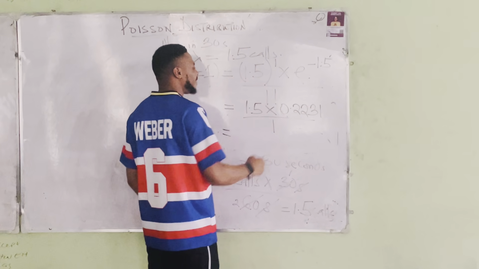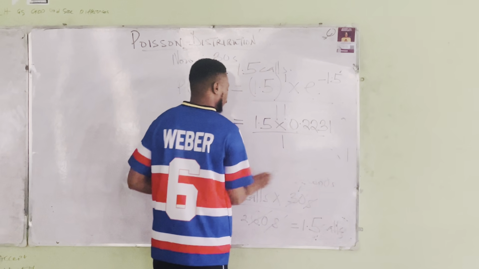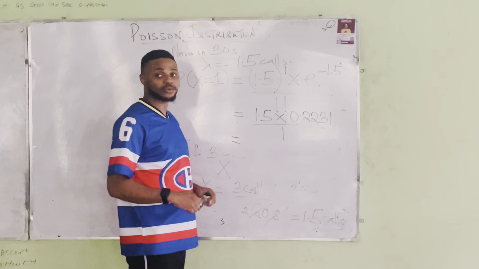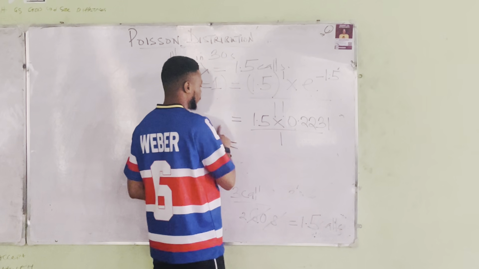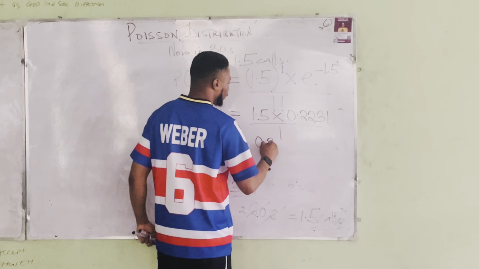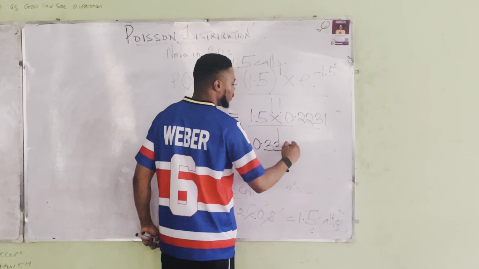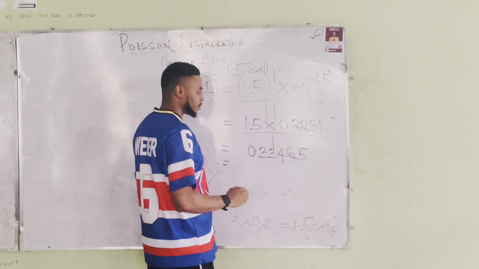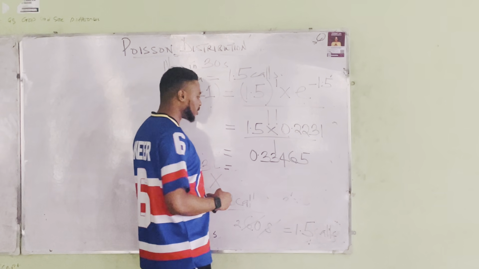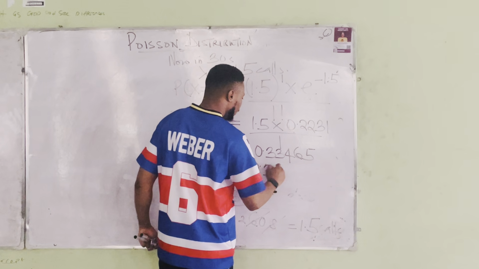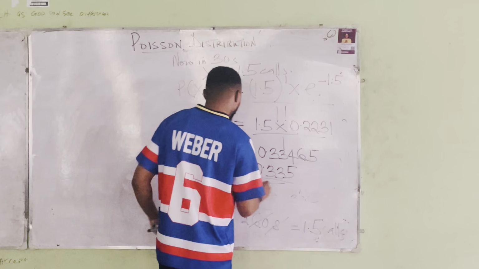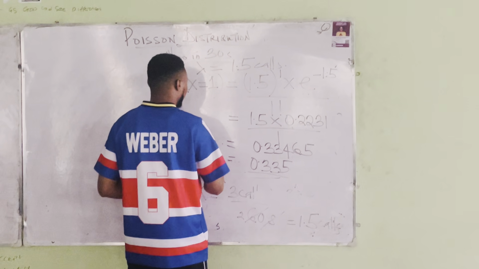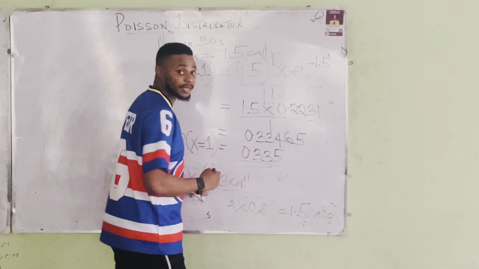So 1.5 times 0.2231 will give us what? Please, someone should confirm it on the calculator. These are approximately 0.335. So this is the probability of x equal to 1 for 30 seconds.